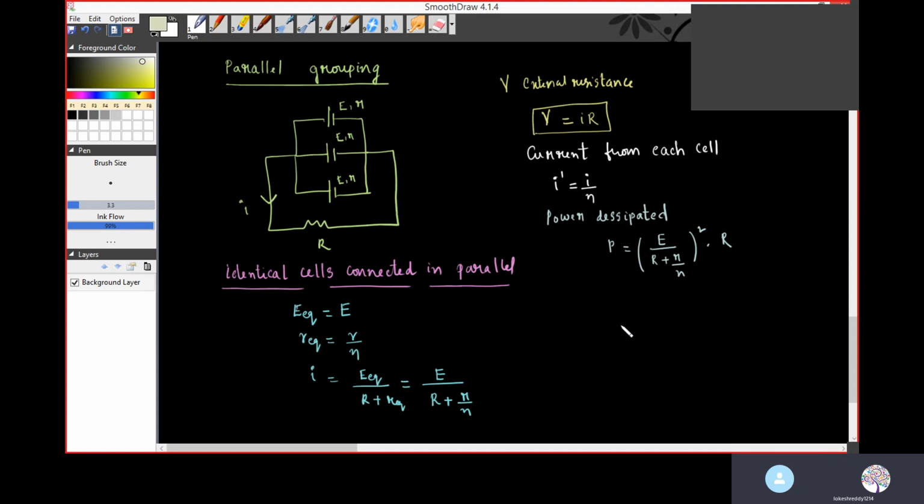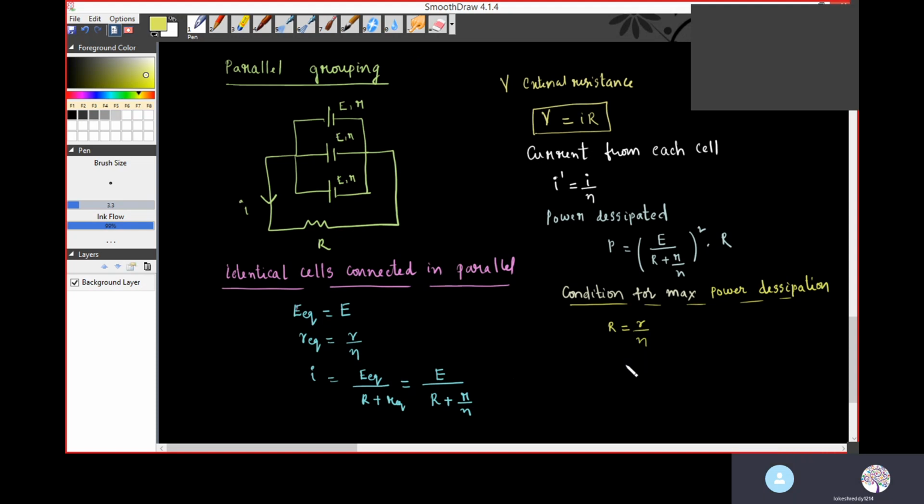Now, condition for maximum power dissipation: external resistance is equal to internal resistance, R equals r by n.